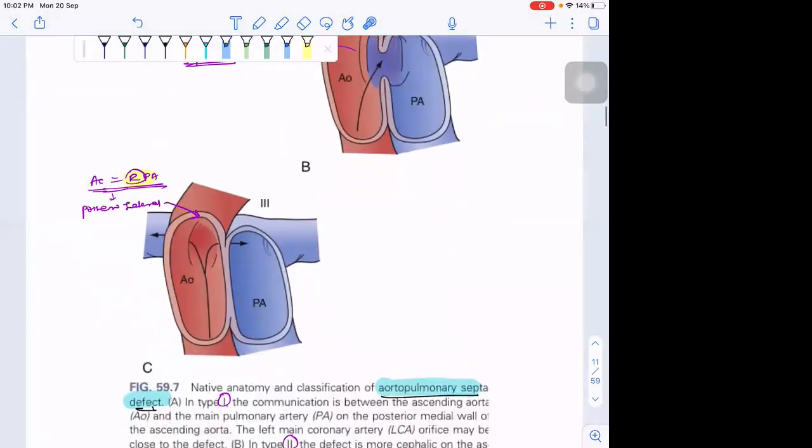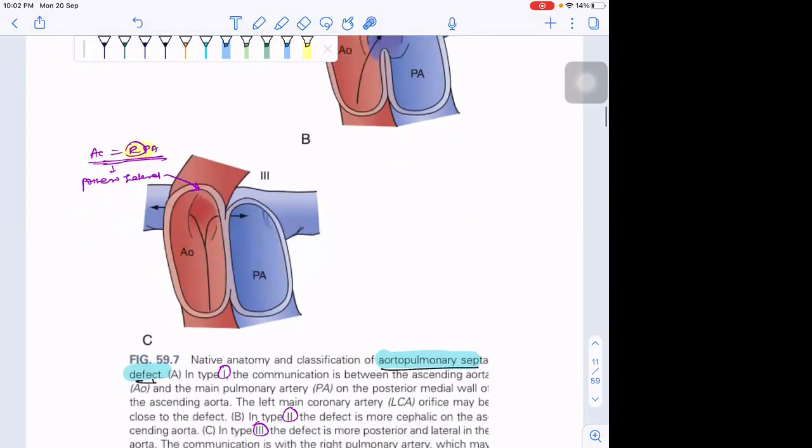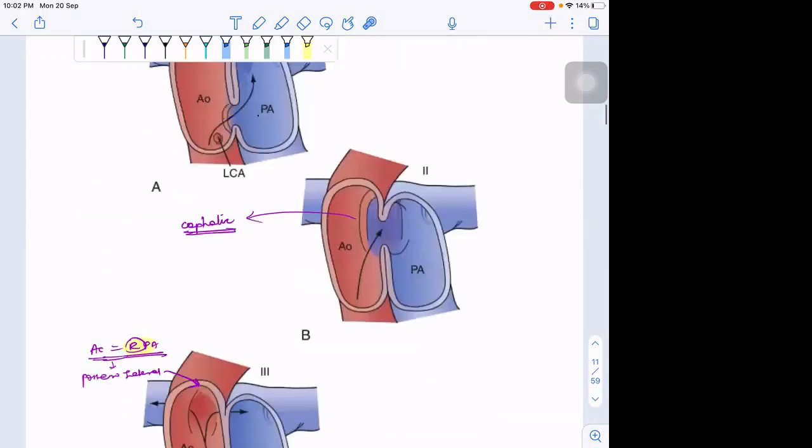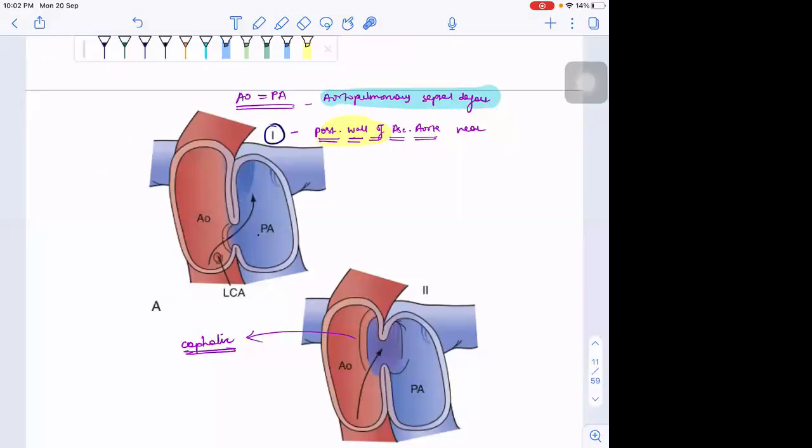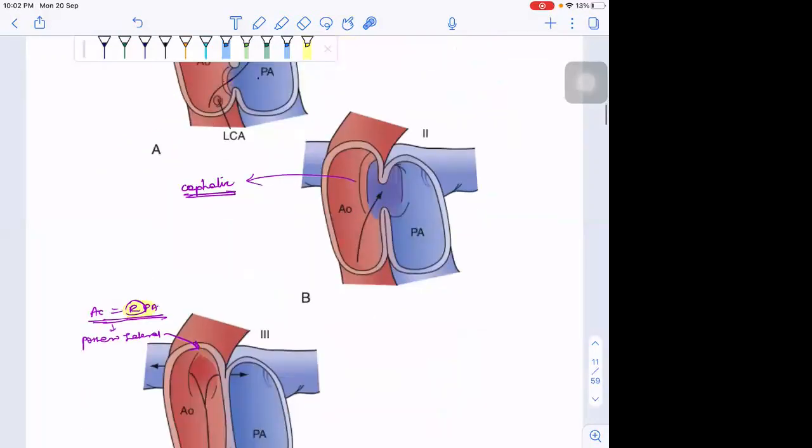Type 3 is when there is a posterolateral connection of the ascending aorta with the right pulmonary artery, the defect in the posterolateral part of the aorta. So type 1 is the posterior wall of the ascending aorta, type 2 is cephalic, and type 3 is posterolateral between the ascending aorta and the right pulmonary artery.